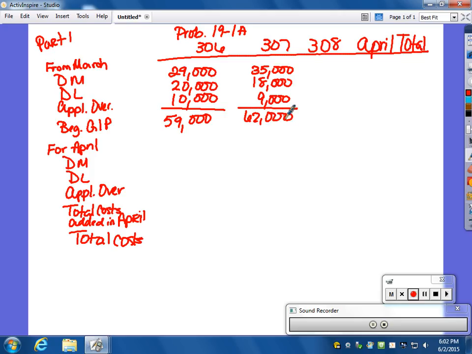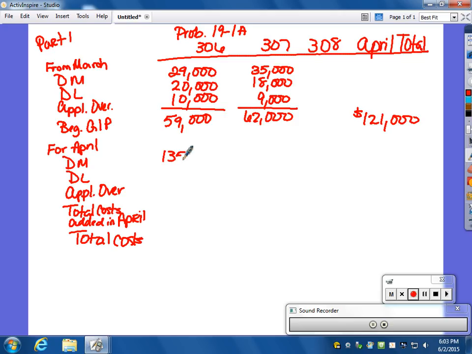Was there anything for 308 in March? No. So that means that we can add both of these. How much does that come out to? 121,000.